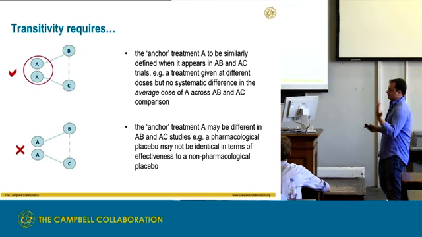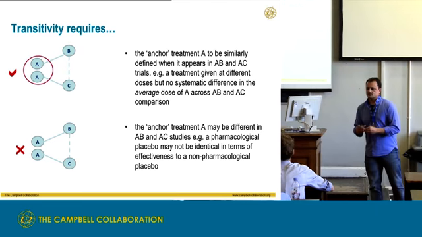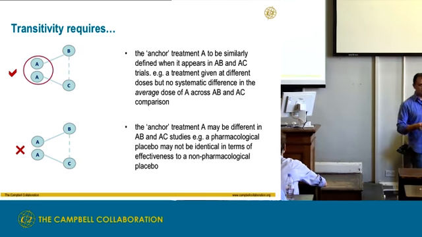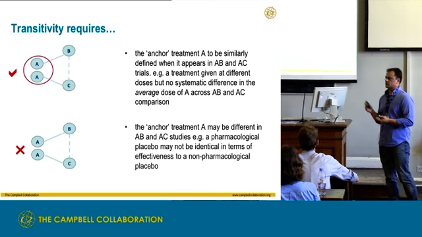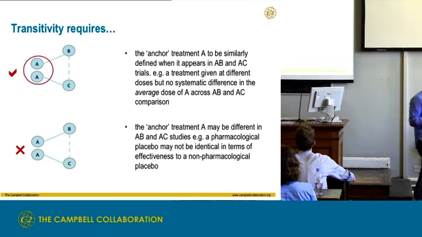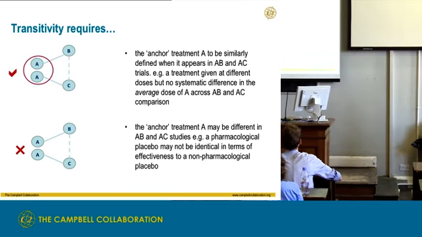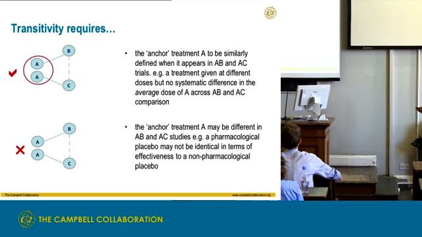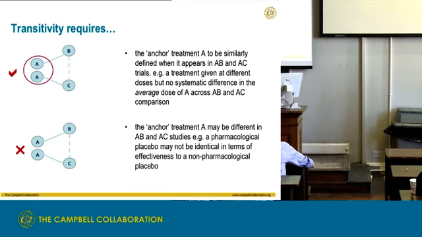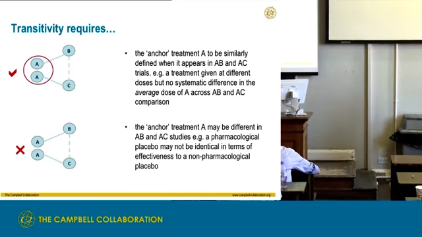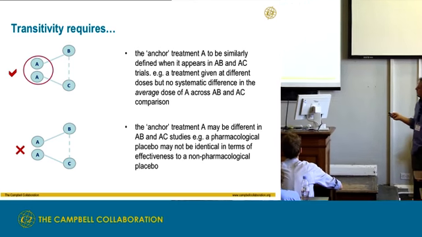So I know that across studies, I expect the dose to differ. But here, across comparisons, the average dose is the same. So I wouldn't expect that to influence the results, to bias the results. So in this case, I can take A to be the same treatment, identical. And the transitivity probably holds.